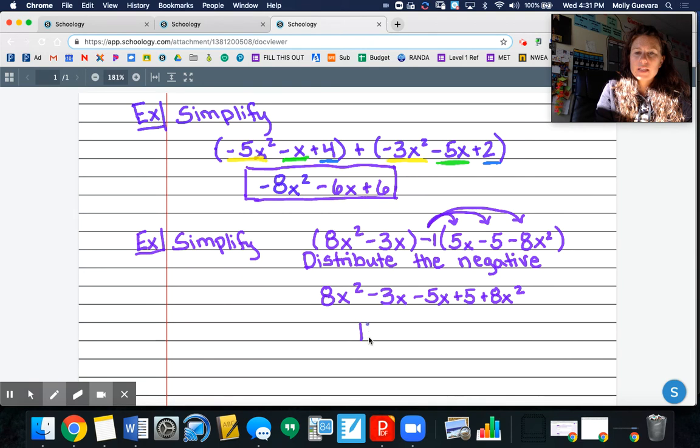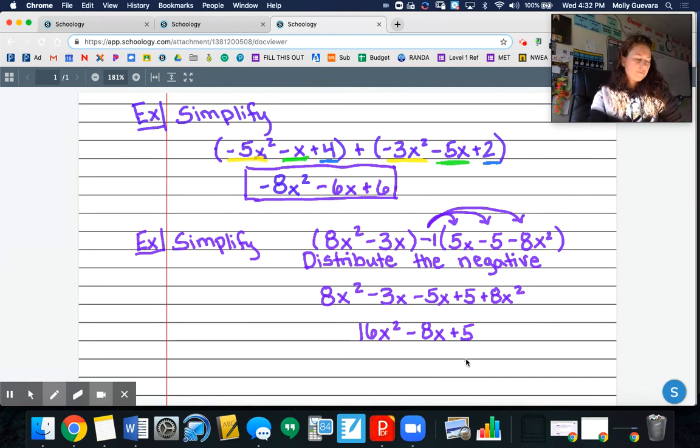So that gives me 16x squared. I have a negative 3x and a negative 5x. So that gives me a negative 8x. And then this 5, there's nothing for that 5 to combine with, so it's just going to stay plus 5. And that's it. I can't simplify anymore because I have an x squared, an x, and a 5.